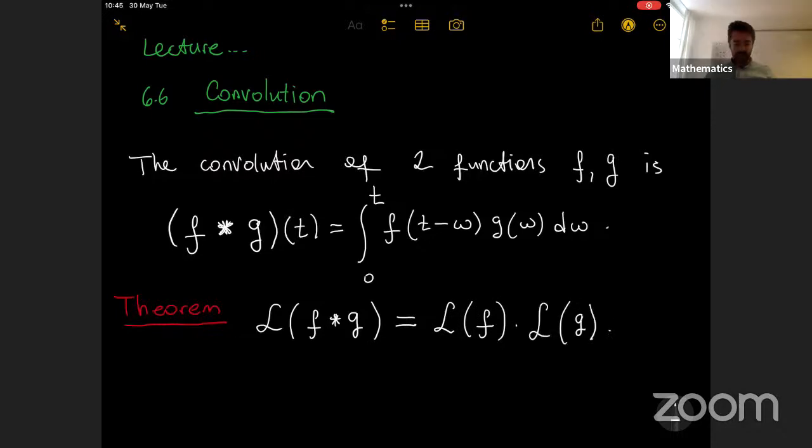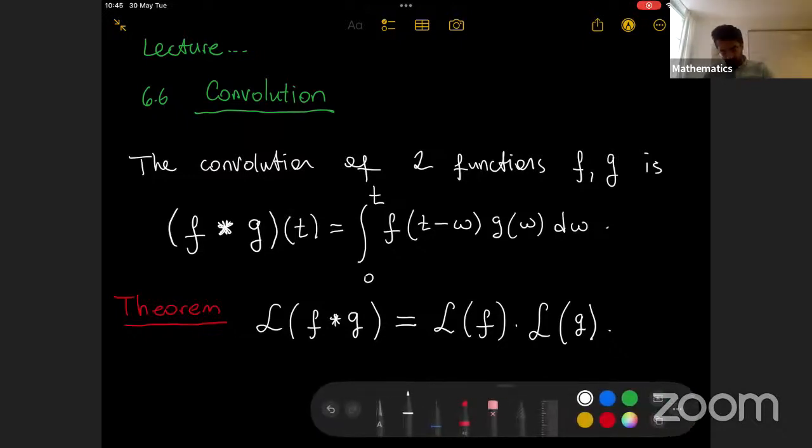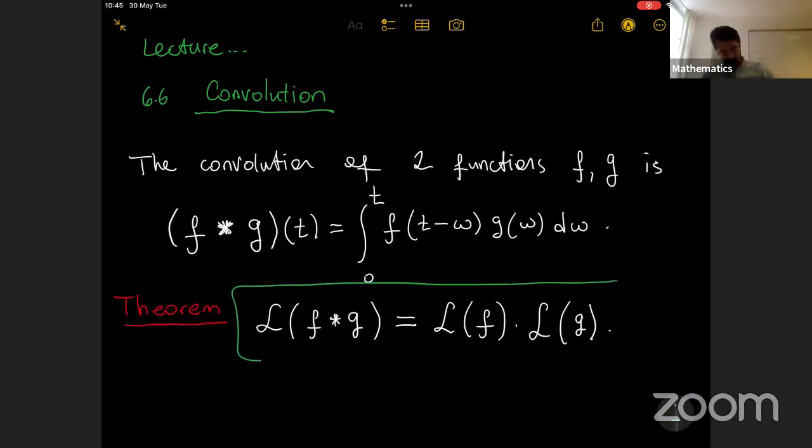So you multiply the Laplace transforms of both to compute the Laplace transform of the convolution. This is important when we find the inverse Laplace of f and g. We should keep this important formula in mind.